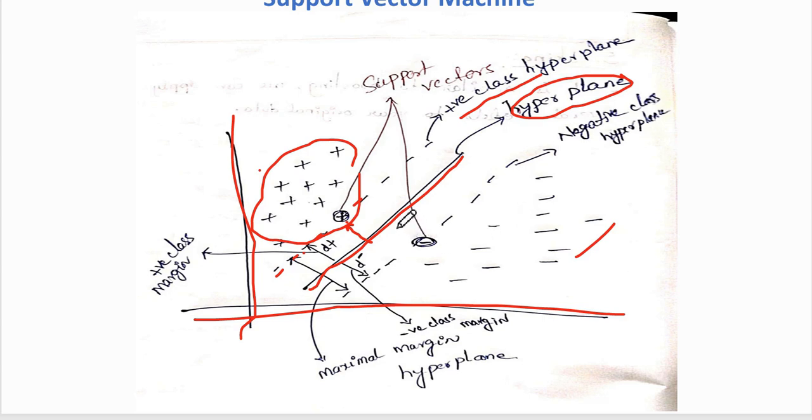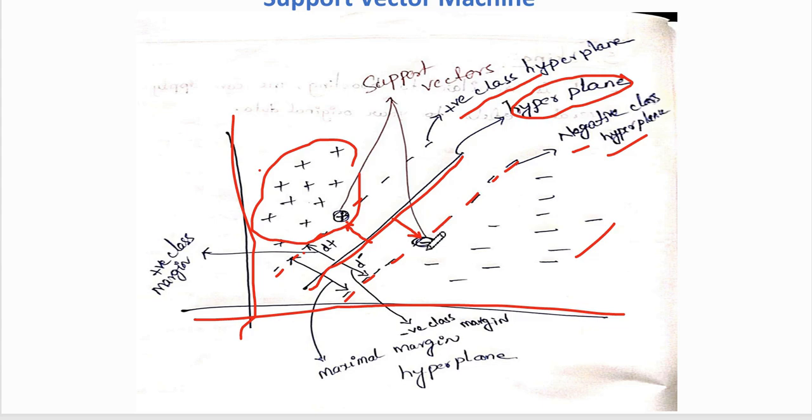The nearest negative class point from this hyperplane, by connecting that, we draw one more hyperplane, which is called the negative class hyperplane.